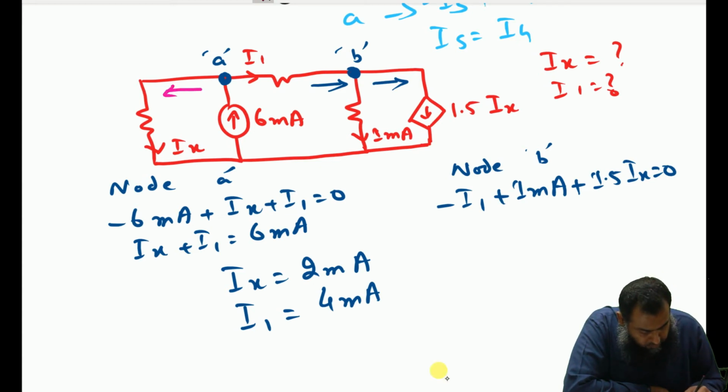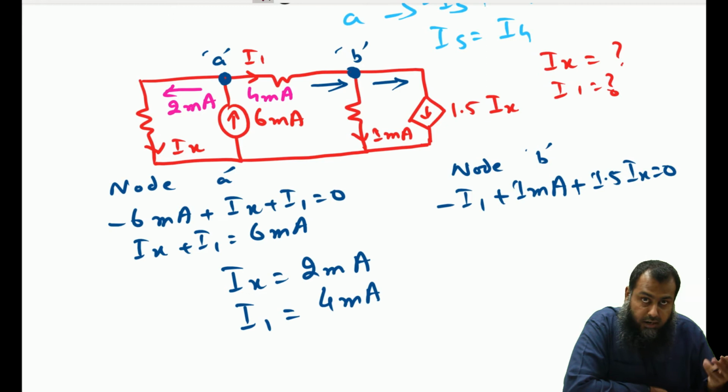So we have 2 milliampere current going in this particular direction, and I1 is equal to 4 milliampere. This certainly means that the current entering this node A, which is 6 milliampere, is equal to the sum of the currents leaving this node A, that is 2 milliampere plus 4 milliampere.